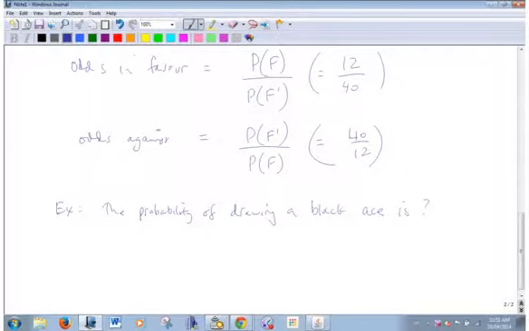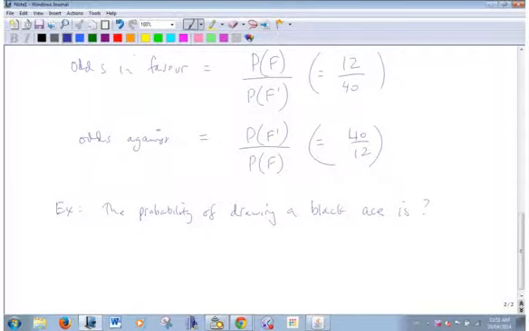So what's the probability of drawing a black ace? How many choices do we have to draw a black ace in a deck of cards? There's an ace of spades.